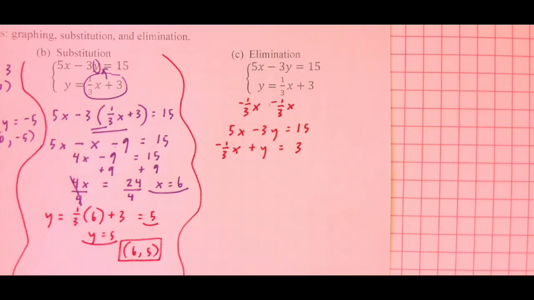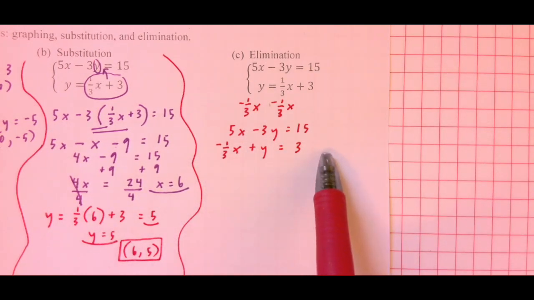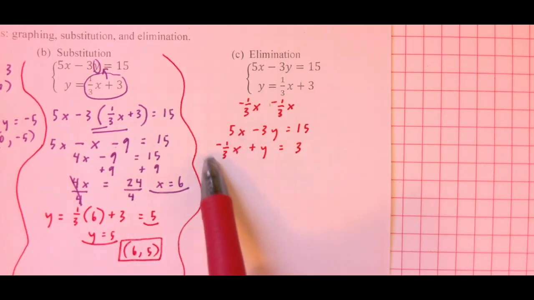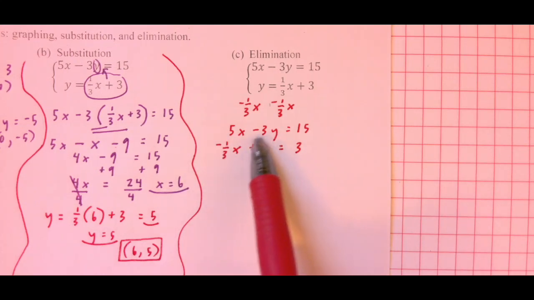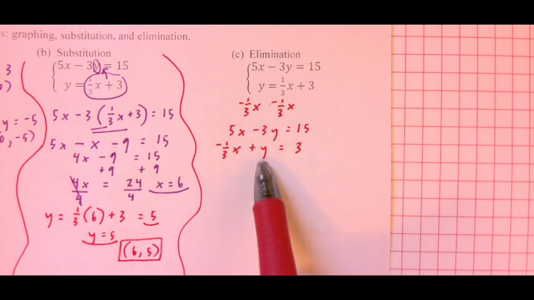Now I need to create opposites in either x or y. So here I might think, if I multiply everything on bottom by 3, it's going to do two things. It's going to clear this fraction here, and it's going to create a positive 3y right here, which will make these two terms opposites. So that's what I'm going to do.